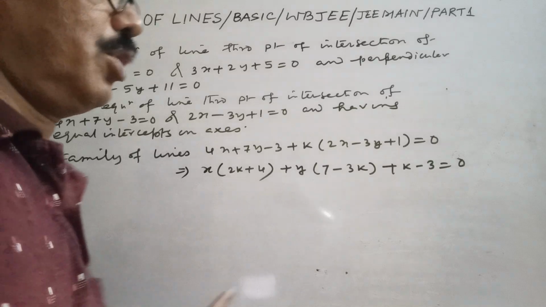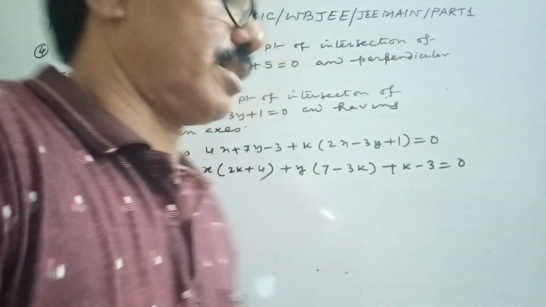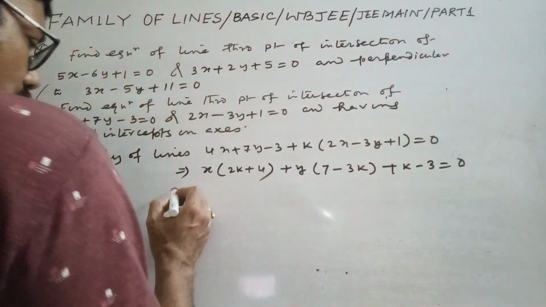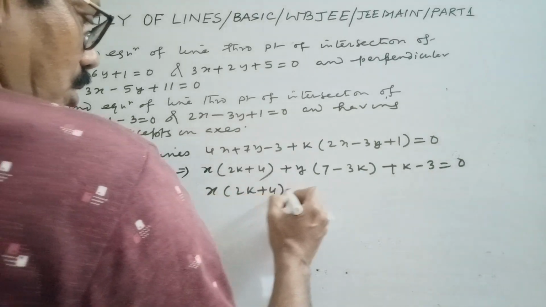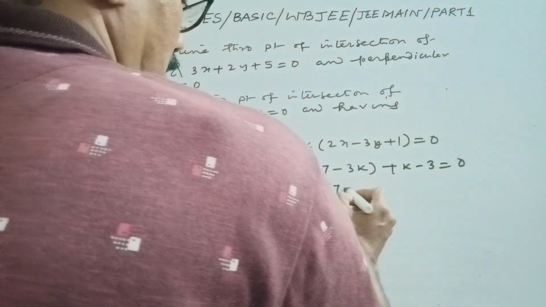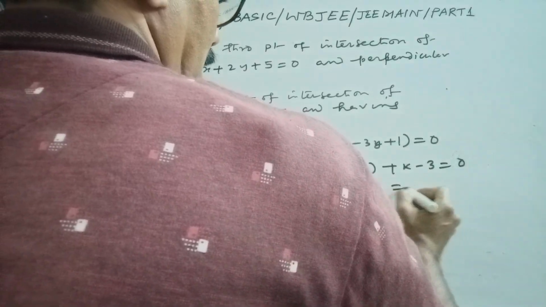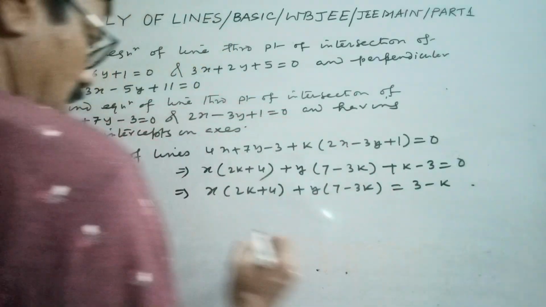Now we want to put it in intercept form. So what is intercept form? X into 2k plus 4, y into 7 minus 3k equals 3 minus k.